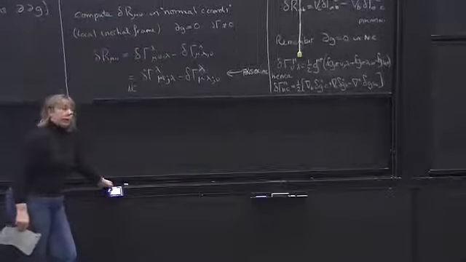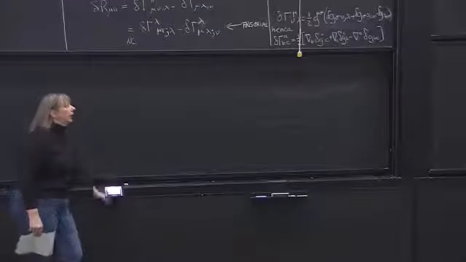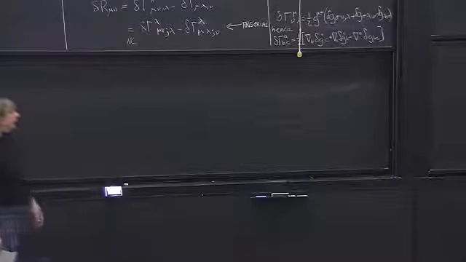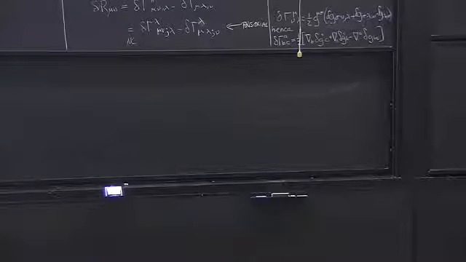The variation of my connection is simply given in terms of covariant derivatives of the perturbation, or the shift, in my metric.